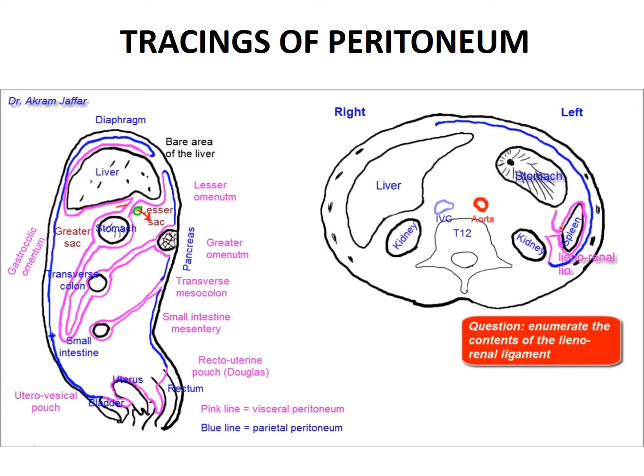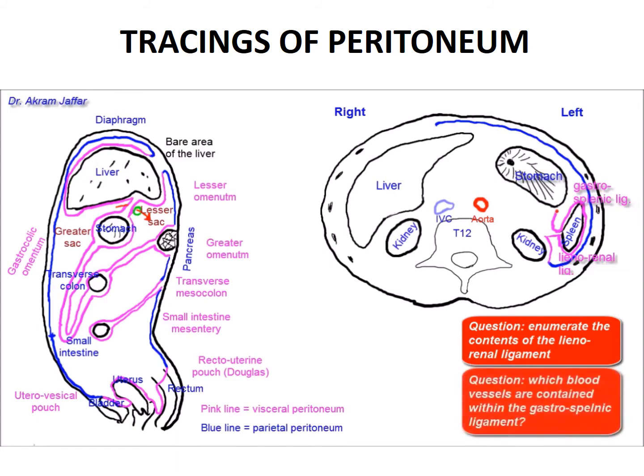And then it's going to be reflected to the greater curvature of the stomach in a double fold of peritoneum. This is one layer of the fold to the greater curvature of the stomach, and this is called the gastrosplenic ligament. We will notice that most of these folds and ligaments contain blood vessels.